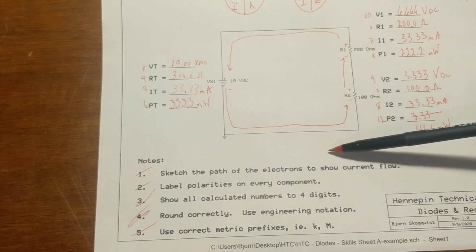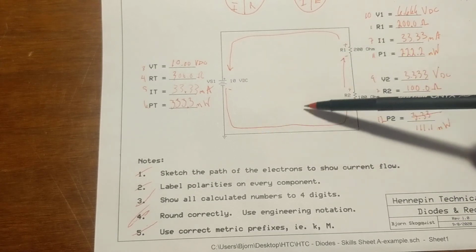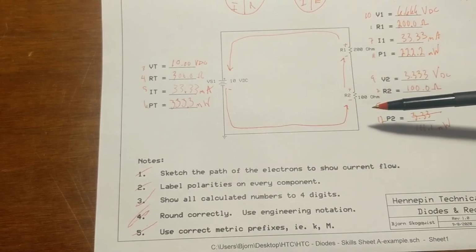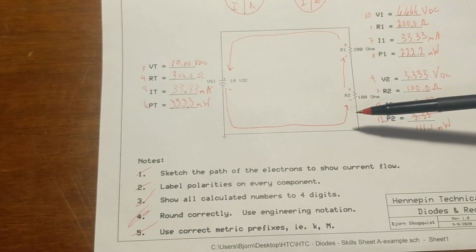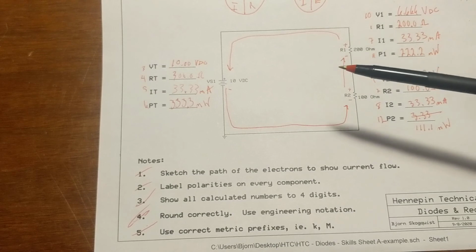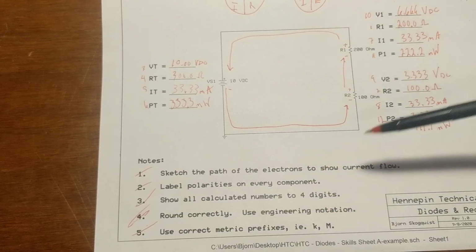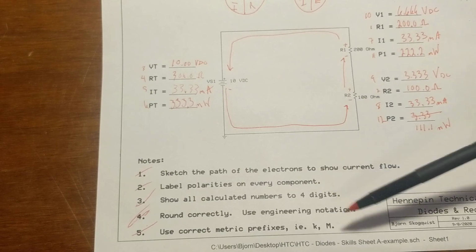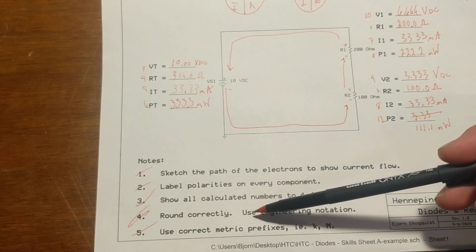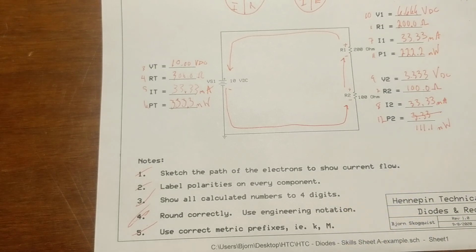We're going to sketch that electron path because I need to know which way the path is working for our current, because our diodes only work in one direction, unless we're dealing with Zeners, but we'll get to that. And then these other items are just good practice: calculated digits to 4, correct rounding, engineering notation, and our prefixes. If you have any questions, then we'll take that up during our question and answer session.